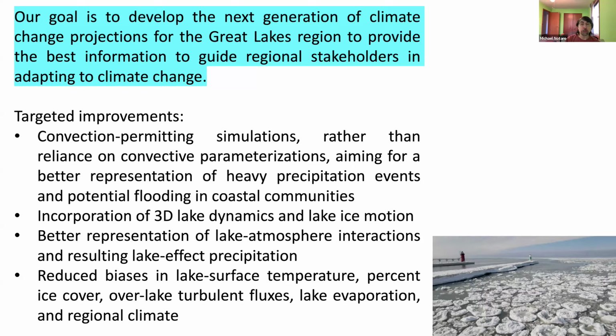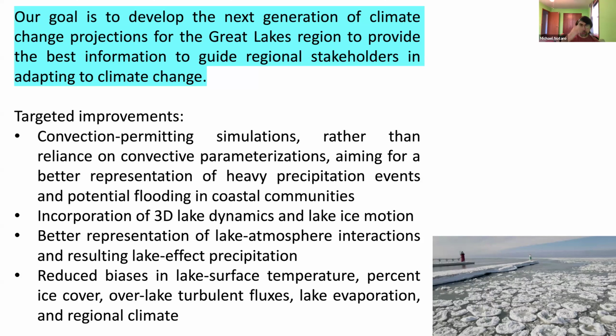We're also incorporating a 3D lake model instead of a 1D lake model, so we can include circulation, overturning, motion of lake ice, some of those advanced phenomena, and therefore produce a better representation of the lake state. Also, a better representation of lake atmosphere interactions and lake effect precipitation.